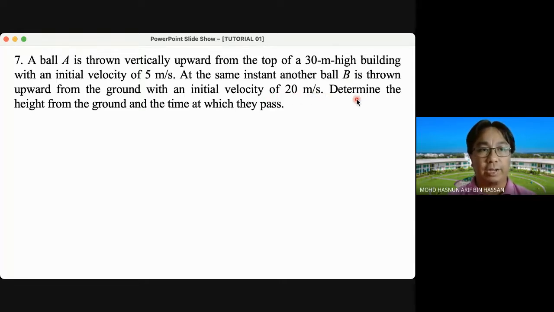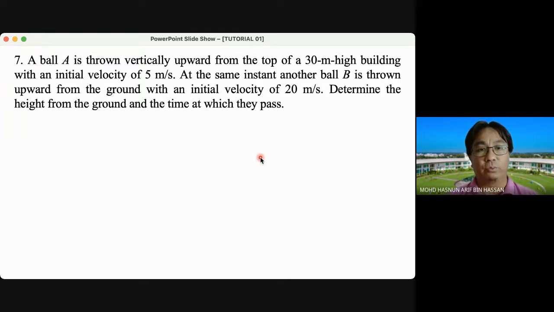So what we want to find is to determine the height from the ground at which both balls pass each other. Meaning ball A is thrown up and then it will go down, and ball B is thrown up. So when ball A falls down, ball B is going up. So where will they pass each other?